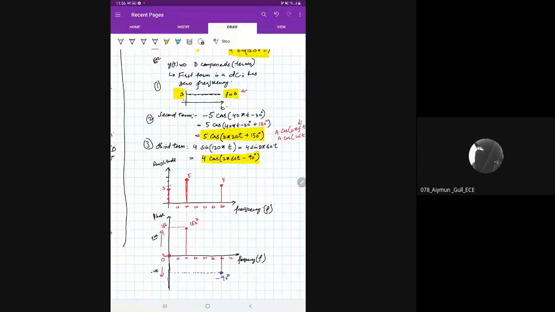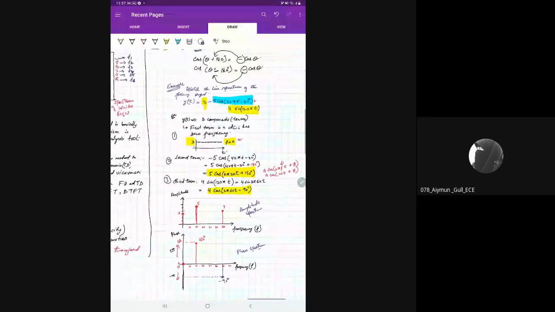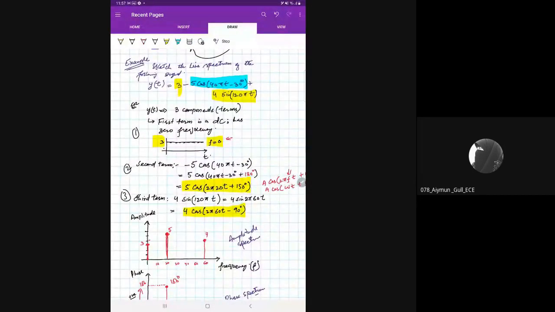Okay. This is how we can plot the phase spectrum and amplitude spectrum of a signal, whatever signal you have. It is not that difficult, but you would have noted one thing: we were given a composite signal y of t equal to 3 minus 5 cos of something.